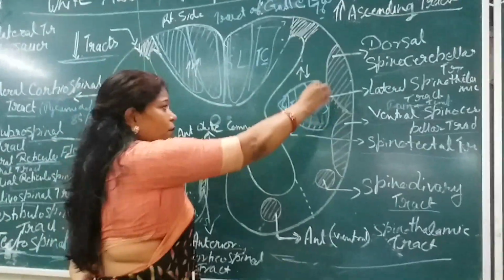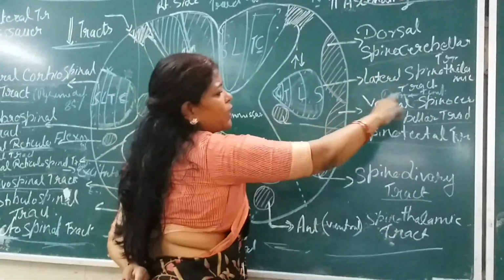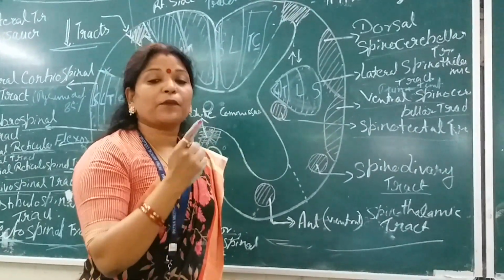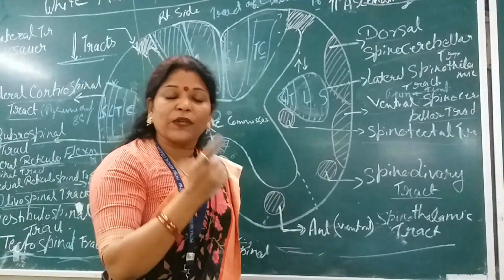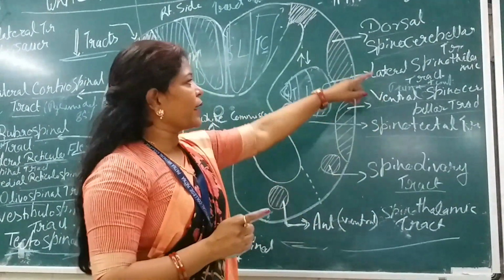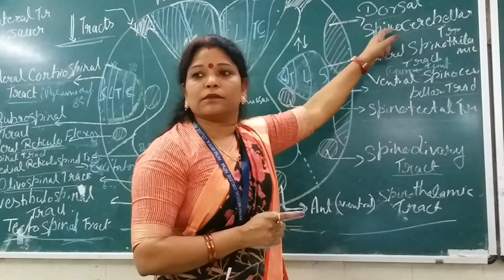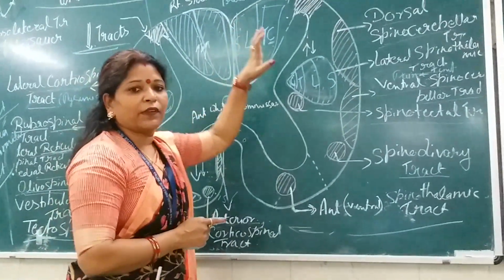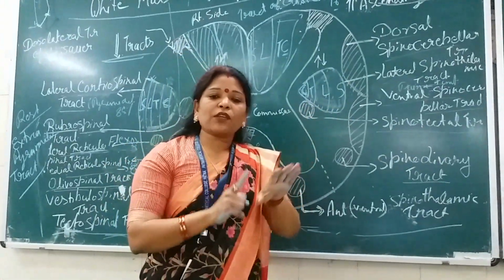Now, first we deal with the spinocerebellar tracts. Which type of sensation is carried to the cerebellum? In the dorsal column, we discussed the conscious proprioceptive impulses.